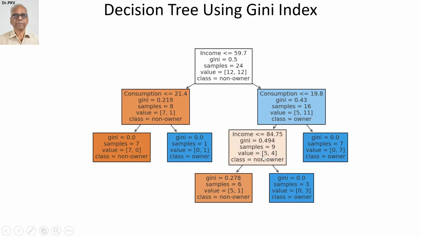In the maximum voting, 5 leaves are here, and therefore it is non-owner. On the contrary, if this is not so, I say Gini is 0, the samples are 7, value 0, 7, class is equal to owner because 7 is the maximum of 0, 7. This is owner, and this is a terminal node. I can't do further splitting.